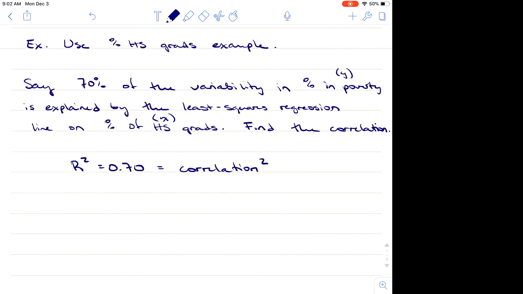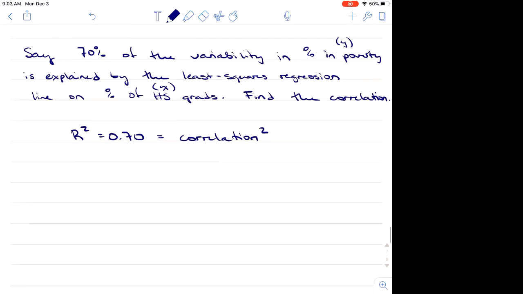If I have to find the correlation, can't I just take the square root of both sides? So if I take the square root of 0.70, it is the square root of the correlation squared, they're going to cancel.